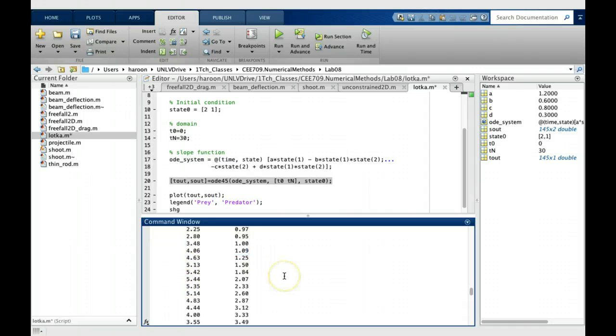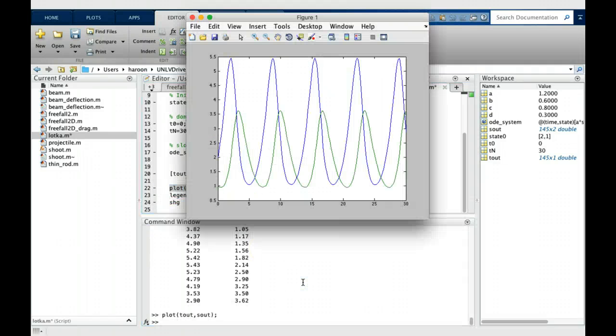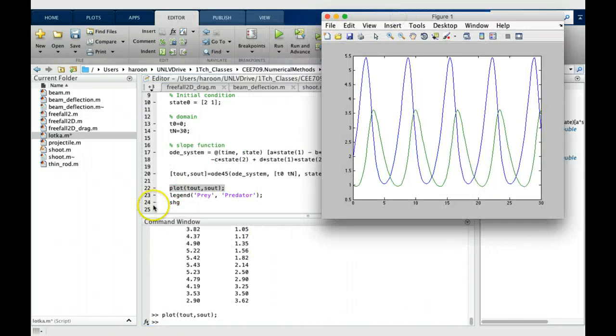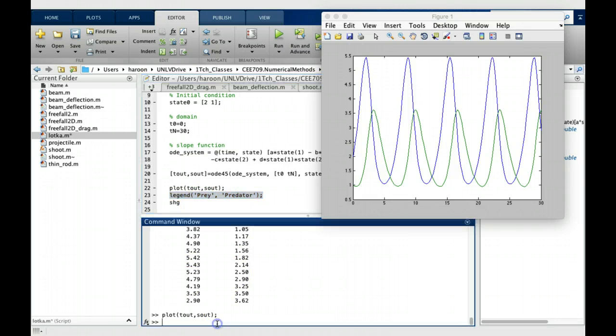And let's plot this to see what it looks like. So we can use the plot function, and here is another command that you can use to put a legend on this plot. This is basically saying that the first column is prey, the second column is predator, and it will put a little legend at the top.